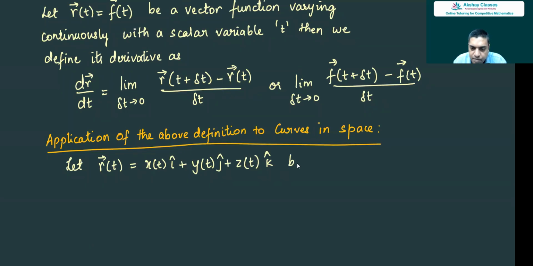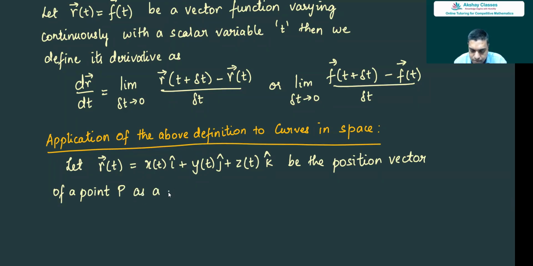Now let r be the position vector of a point as a function of the scalar parameter t.